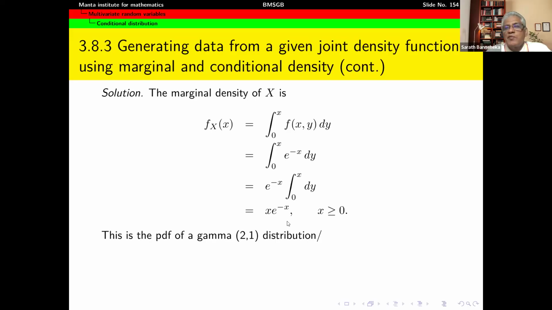It has some kind of shape of an exponential distribution, of course, but when you consider it as a function of x, it's not an exponential distribution. Exponential distribution has the form, for example, lambda e to the power minus lambda times x, right? So it's not an exponential distribution, but you can identify it by comparing with a gamma distribution, right?